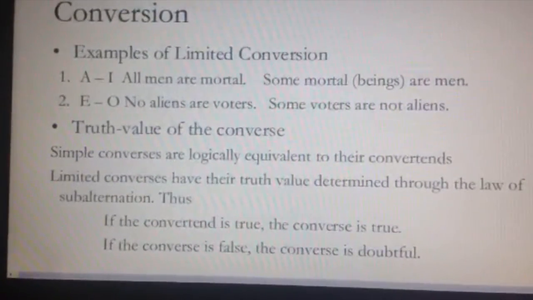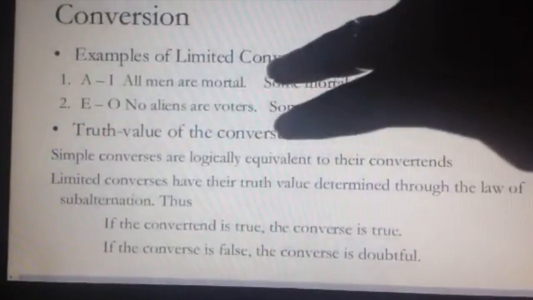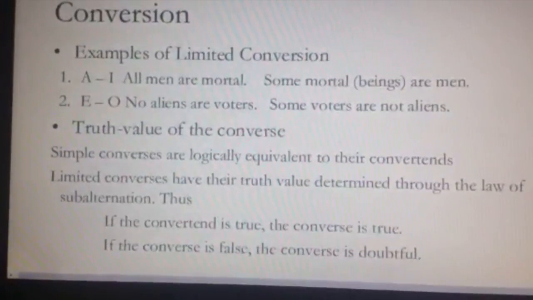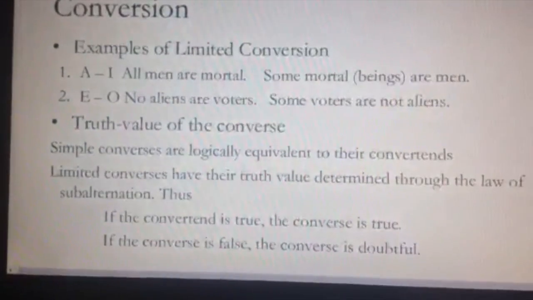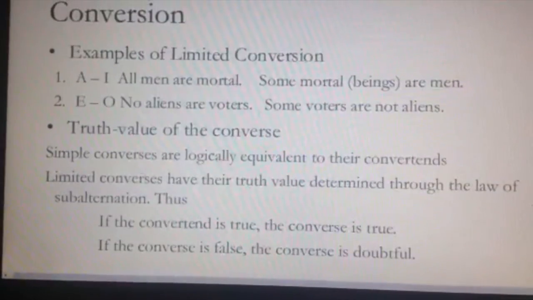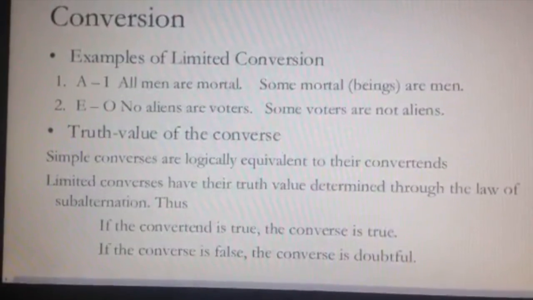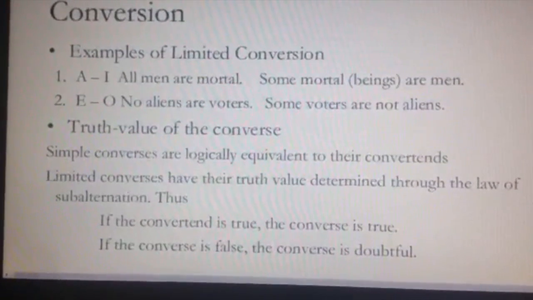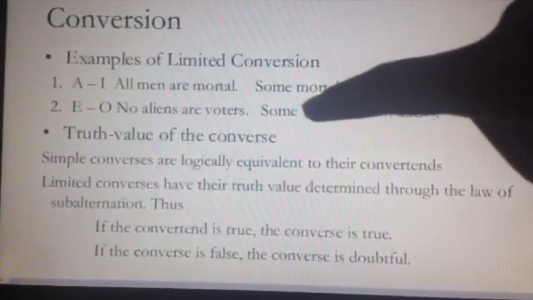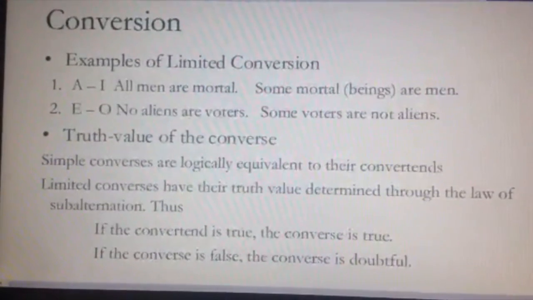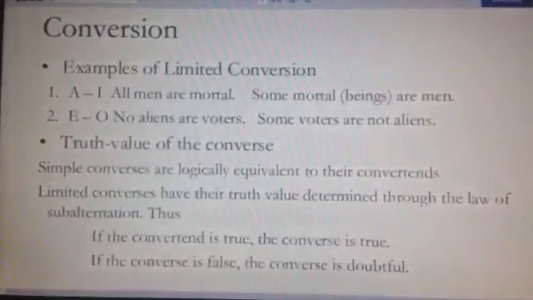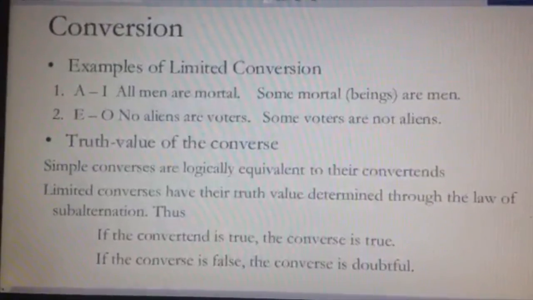So as you can see, these two are the examples of limited conversion. Number one, all men are mortal, and when you convert it, it will be some mortal beings are men. Number two example is no alien are voters. Some voters are not alien.